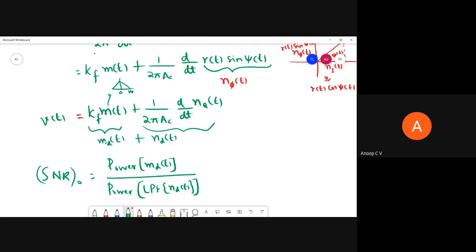At least we have the message part and the noise part. So what will be the power of the message? What will be the average power within this kf into m of t? Maybe I'll write it below.